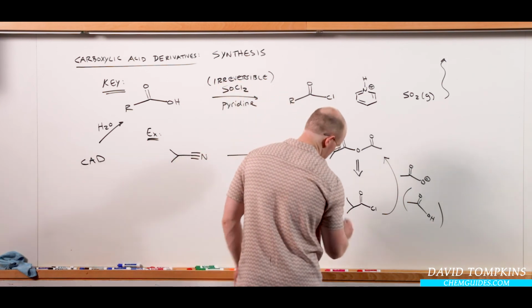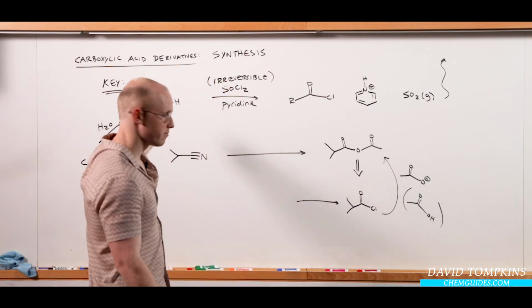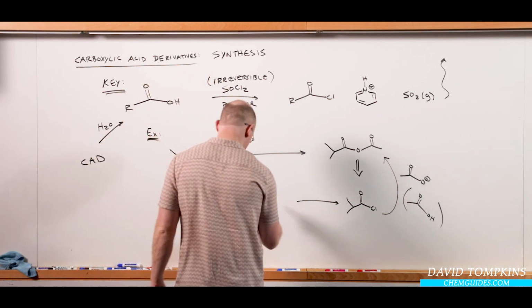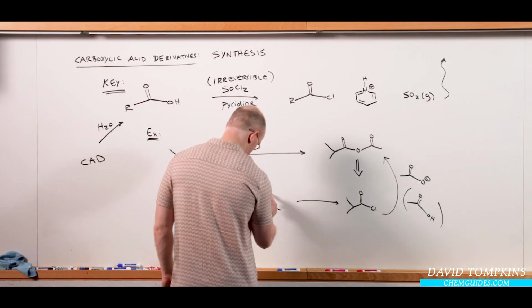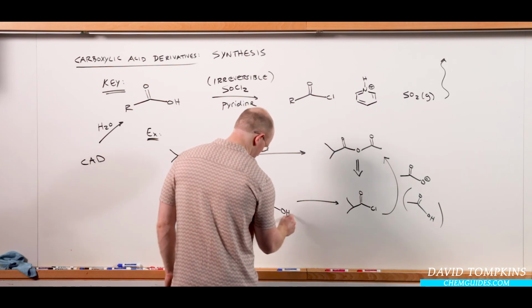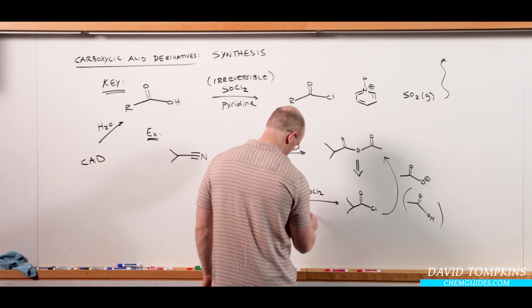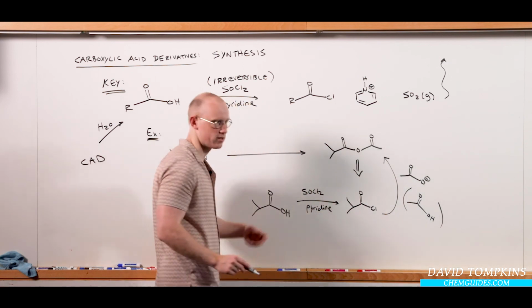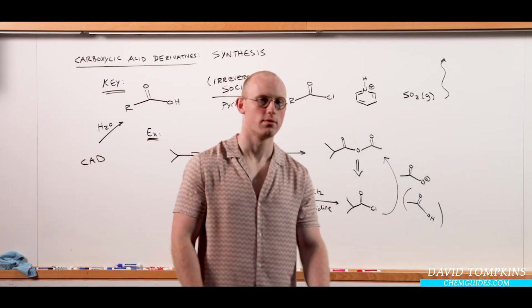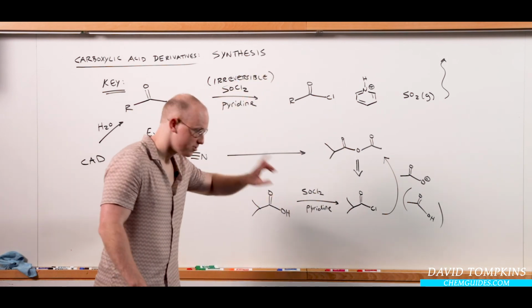Additionally, the chloride can be made from the carboxylic acid via thionyl chloride. And once you get to the carboxylic acid, then you are golden. Any carboxylic acid derivative can be made from a carboxylic acid in 2 steps.